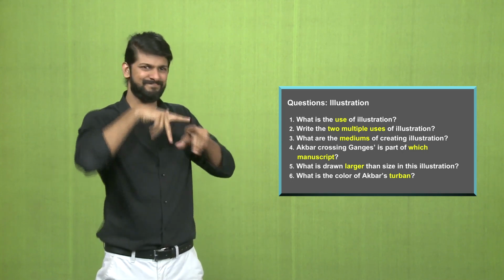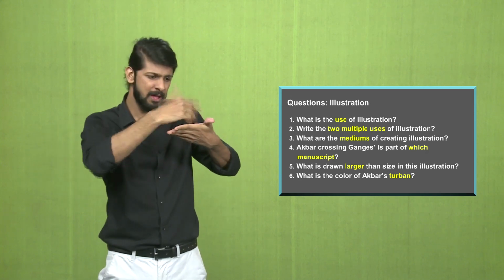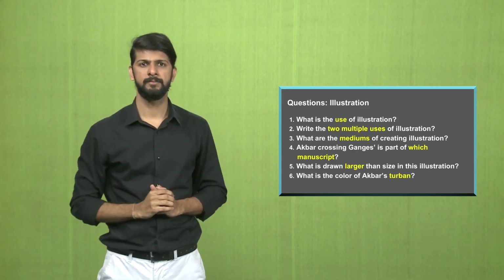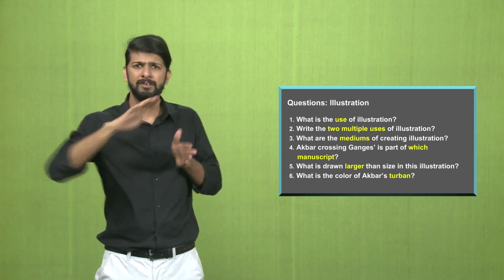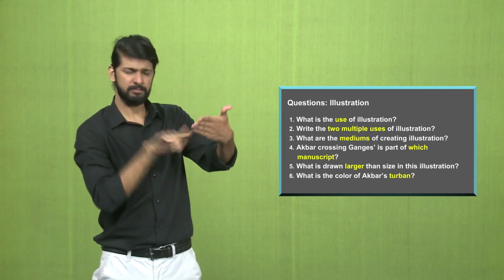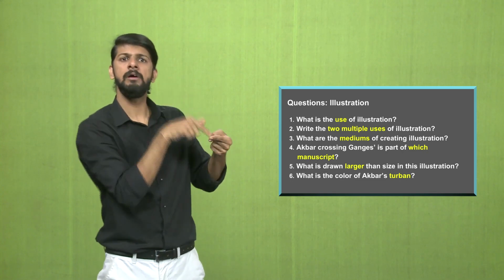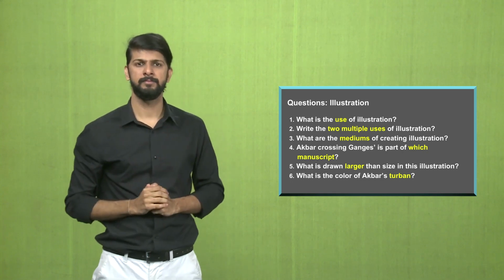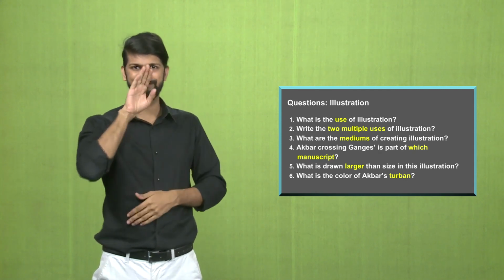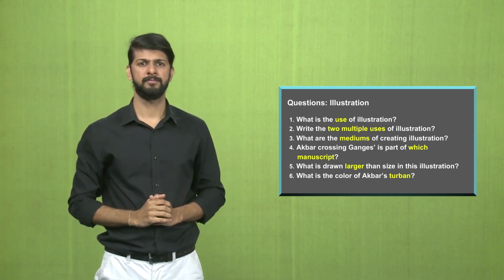Akbar crossing Ganges. This is part of which manuscript? Question number 5. In this illustration, what is drawn larger than size? Question number 6. What is the color of Akbar's turban?